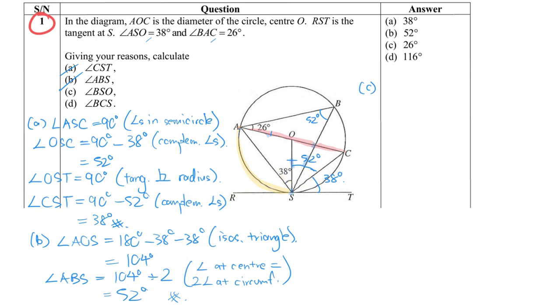Okay, next. BSO. So again, if you were to use your fingers, it doesn't really go to a chord or an arc. However, the angle that we want to find, BSO here, is part of the 52 degrees of angle OSC, right?